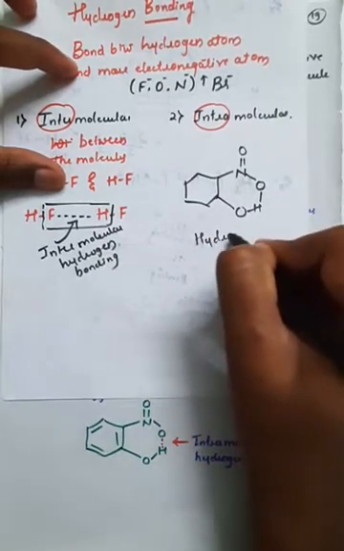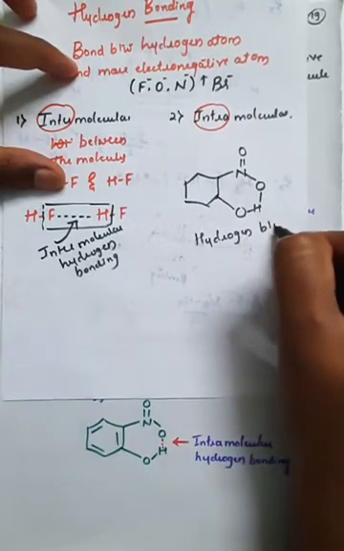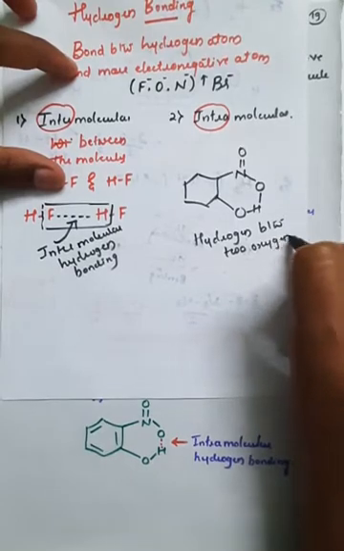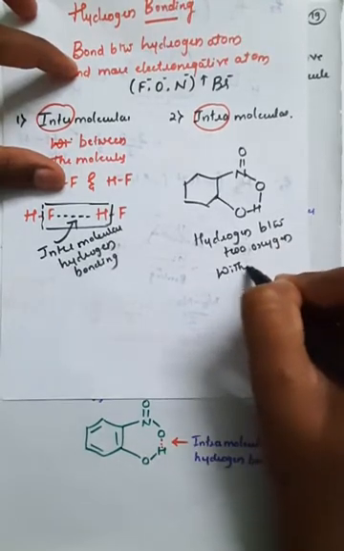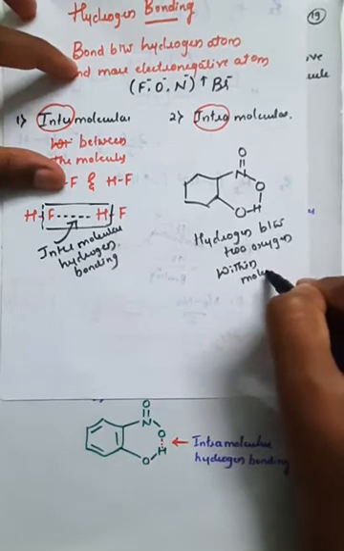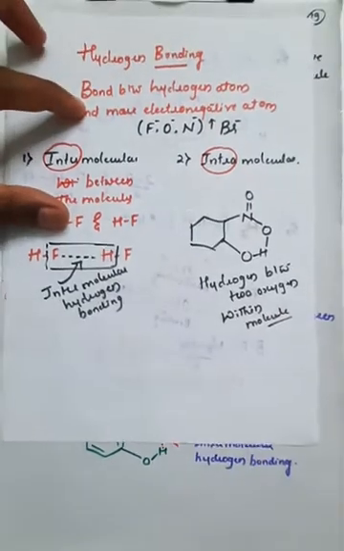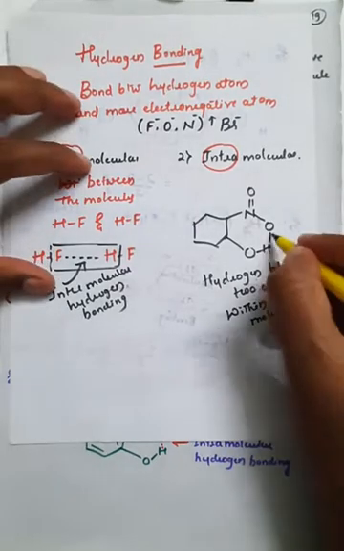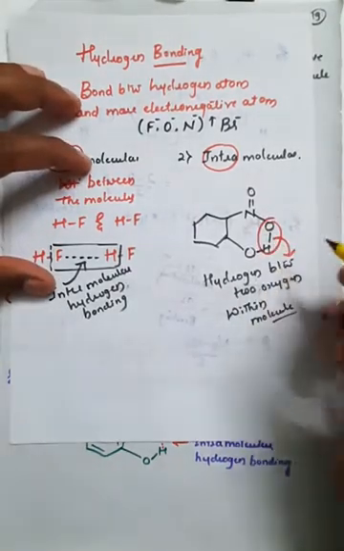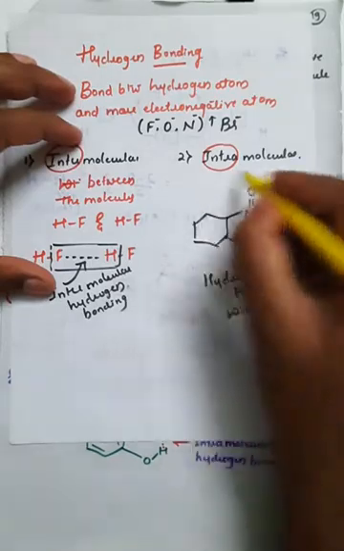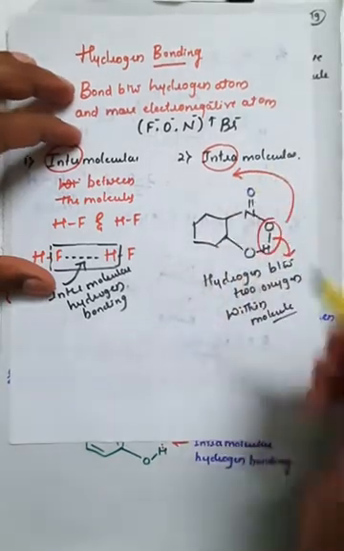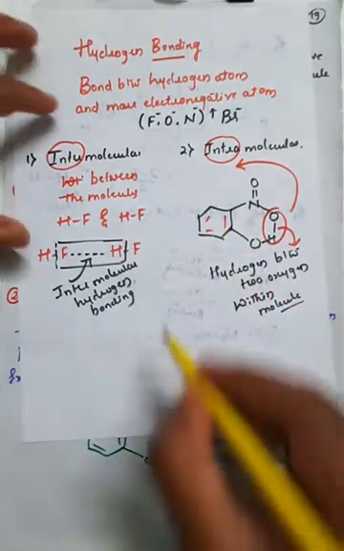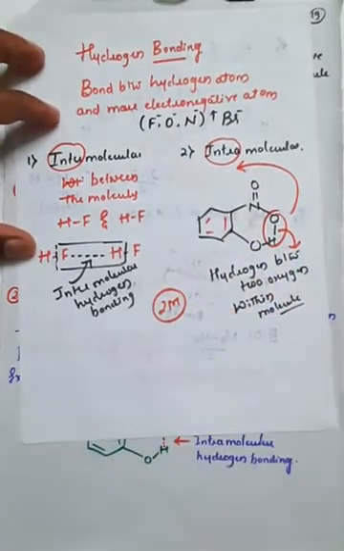Here hydrogen is between two oxygen, and that is within the molecule. So this type of bonding represents intramolecular hydrogen bonding. Observe carefully here, this is very important. They may ask for 2 marks in the annual examination, right?